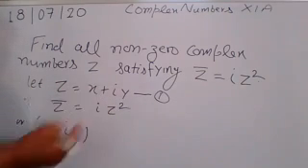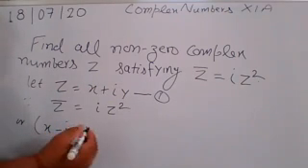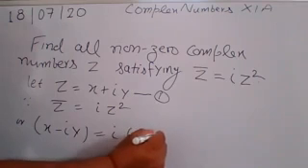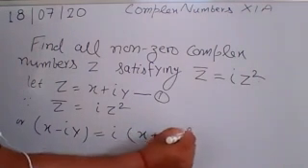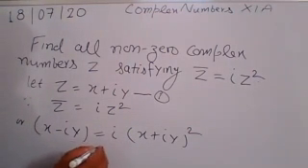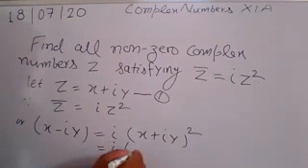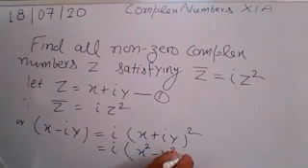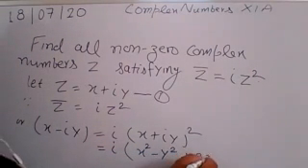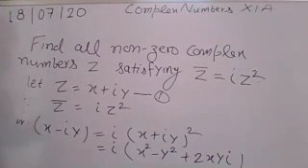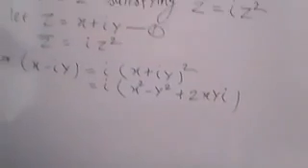Means if z is x plus iy, z bar is this one, and it is equal to i into (x plus iy) whole square. And just simplifying it, here you have i times (x square minus y square plus 2 times xyi). You write 2 times xyi in this way.